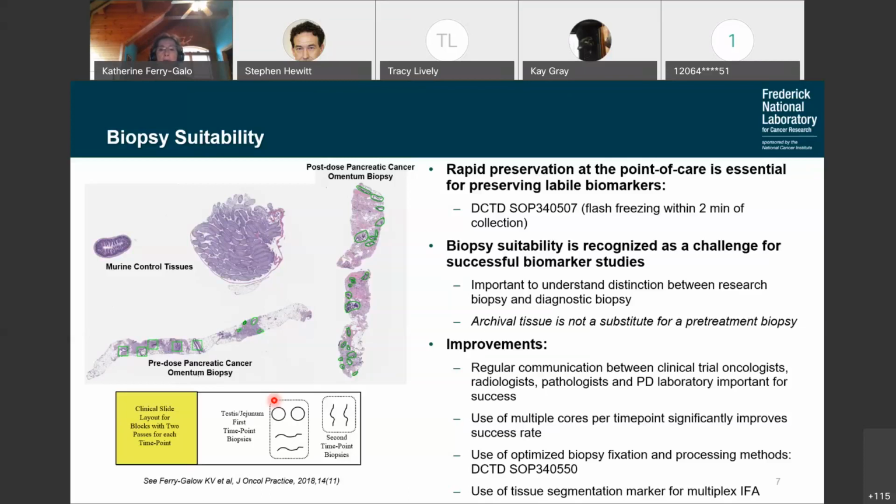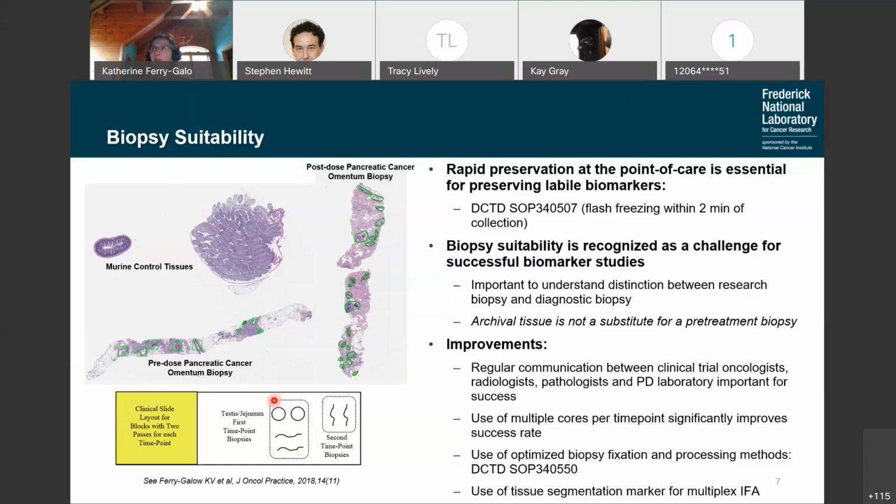We've definitely achieved improvements in biopsy suitability over the years. There's a number of factors involved. Probably most importantly is very robust and regular communication between oncology, radiology, pathology, and the PD laboratory, not only on the requirements of the specimen up front, what you need and what your measurement is, but also in communicating back the success rate.